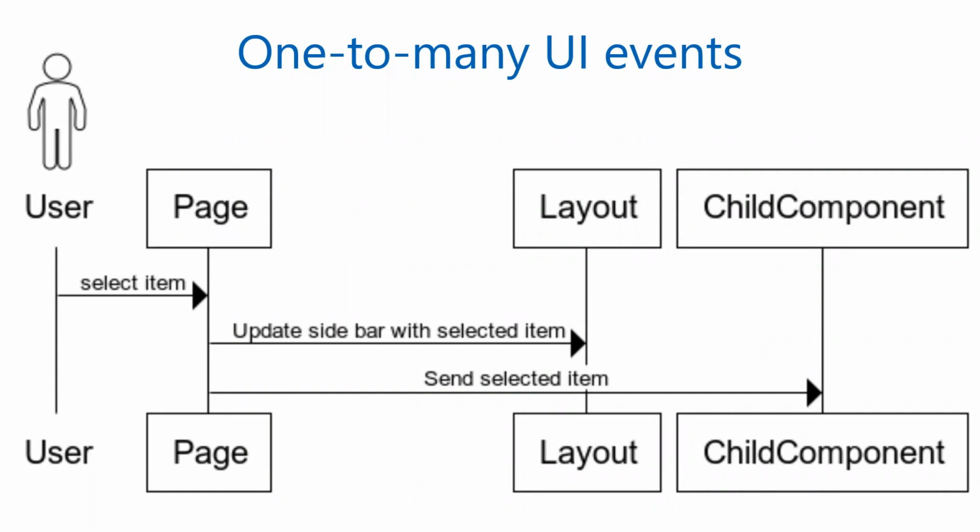If you think about just events where someone clicks or someone selects a particular item, and all the other components on the screen need to be aware that something got selected. The component that is sending the event doesn't know if anybody is going to handle that event, or going to care about that event. It just fires the event. And there needs to be a way of routing these events to different places on the screen.